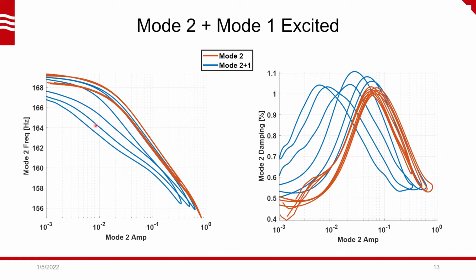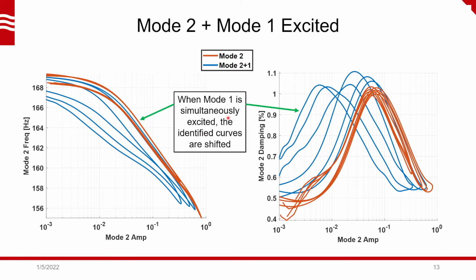We can see that the frequency curves don't trace out the same consistent backbone we have when it's just mode 2. And the damping is all over the place, where none of them really line up with each other. So there's a shifting in the curves when mode 1 is also excited.